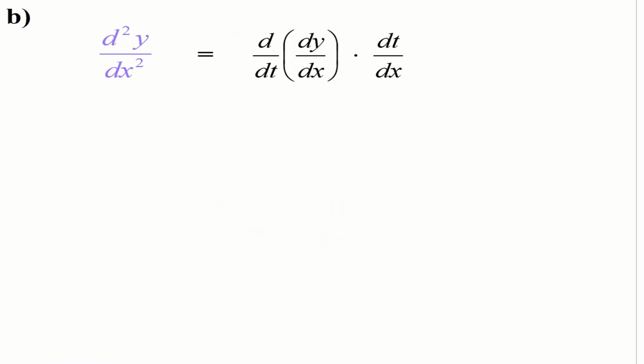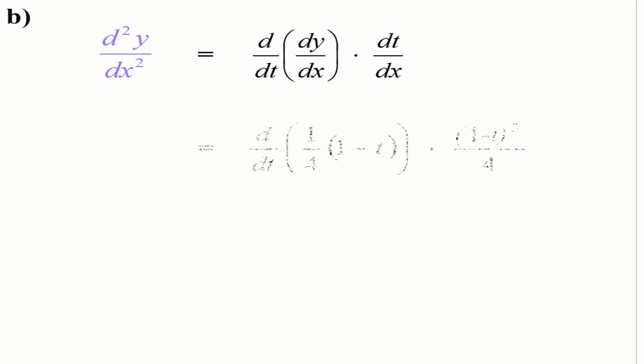For question (b), we are going to find the second derivative of y with respect to x. So we differentiate dy/dx with respect to t, multiplied by dt/dx. This is the general formula for the second derivative of y with respect to x. So first, we need to differentiate with respect to t.